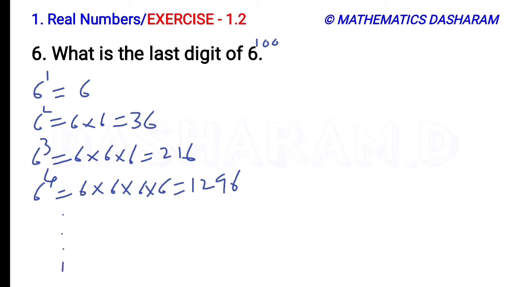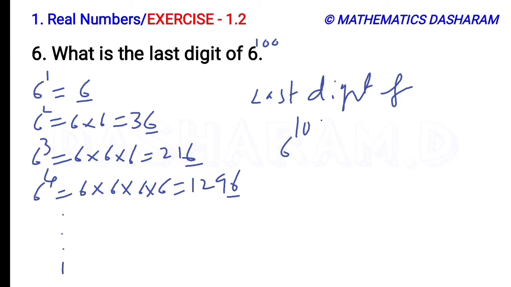If you continue this process, observe the answers. The last digit is 6 here, 6 here, also 6, also 6. So definitely the last digit of 6 to the power of 100 is 6.